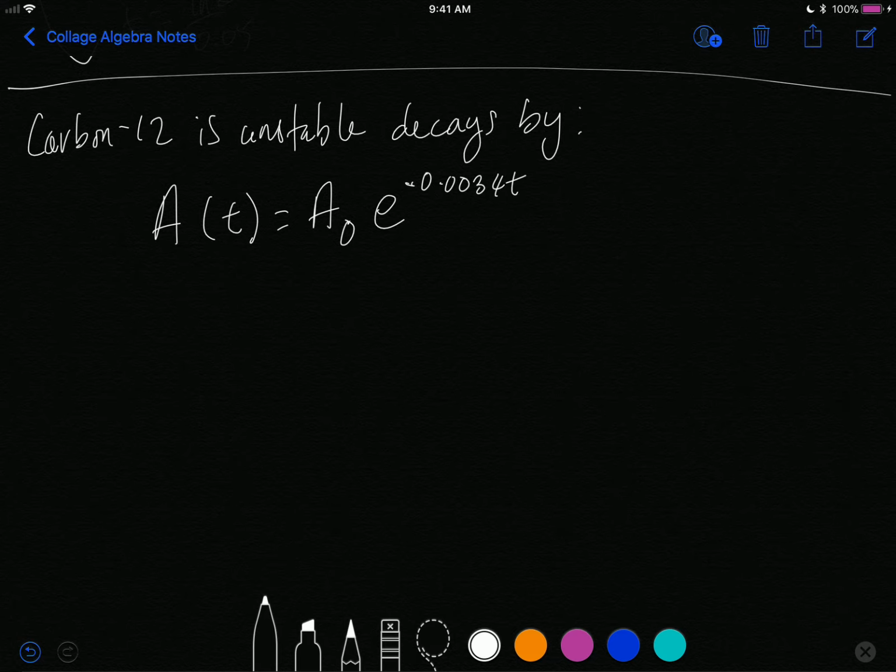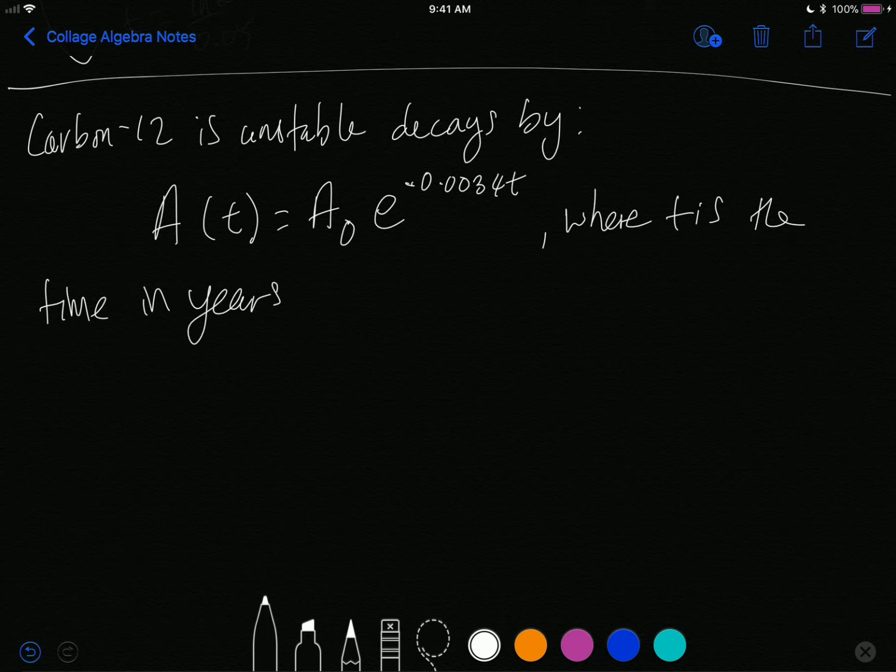Now, this is not the actual equation, but hey, you know, we get to mix stuff up. Where t is the time in years.